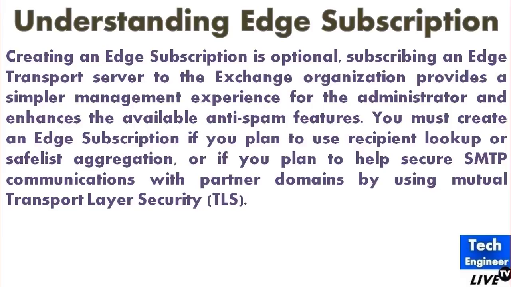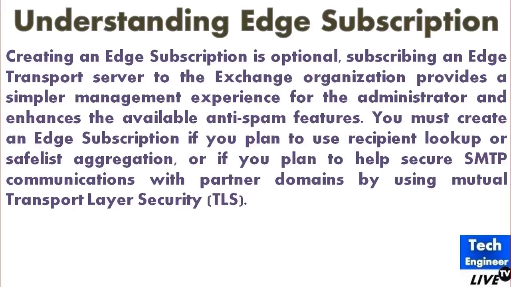In that case the Edge subscription is used, because if, for example, you have a partner domain or a different domain of the same organization, the Edge subscription will let the hub transport server know that this particular Edge Transport Server provides the enhanced spam features and is working to make a safe conversation with the partner domain.